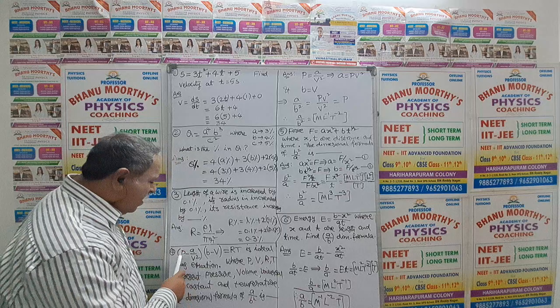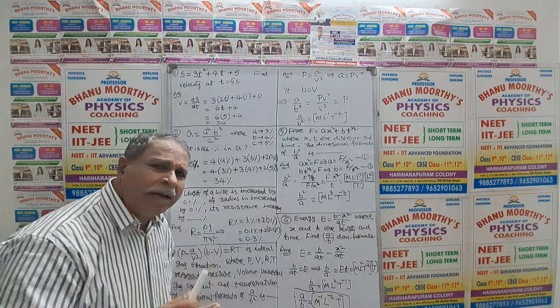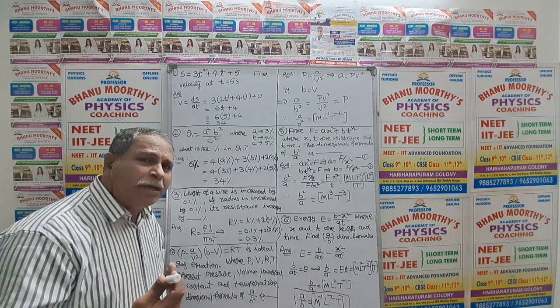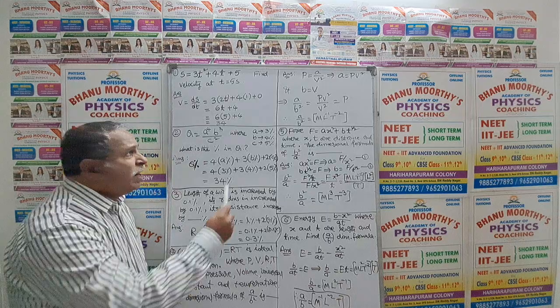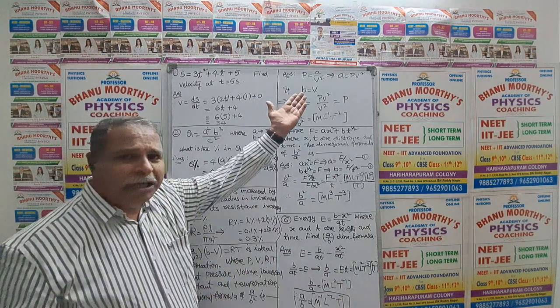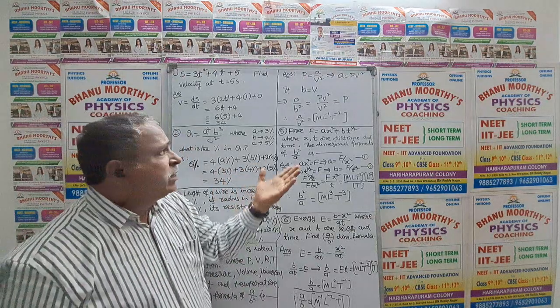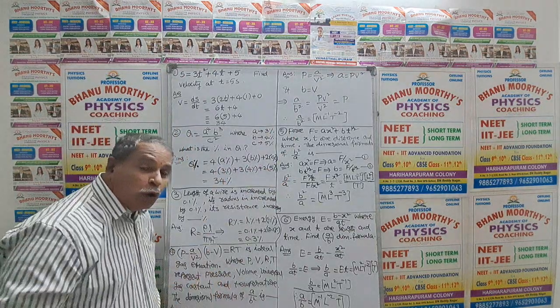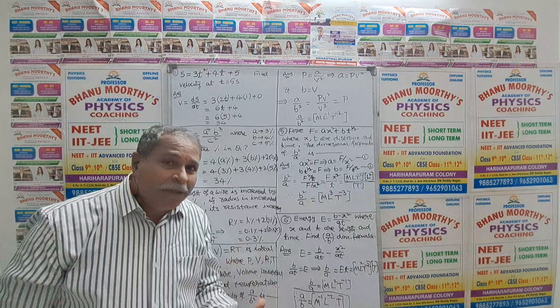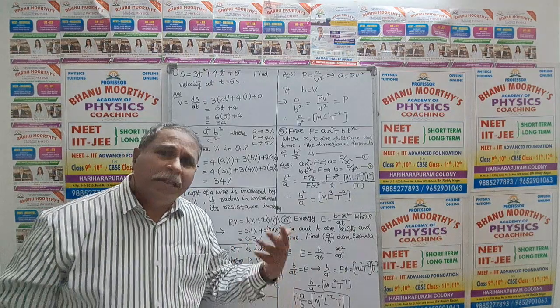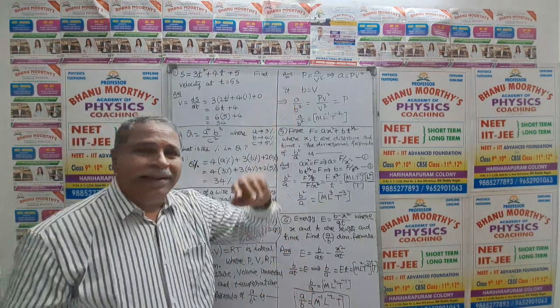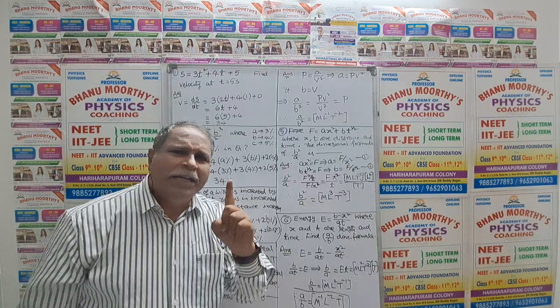For example, p and a by v square are subtracted, so the dimensional formula of p is equal to the dimensional formula of a by v square. So we equate the dimensions and get the value. Similarly, v and b also have the same dimensions because they are subtracted. Their dimensions are equal. This is the principle of homogeneity, my dear students.